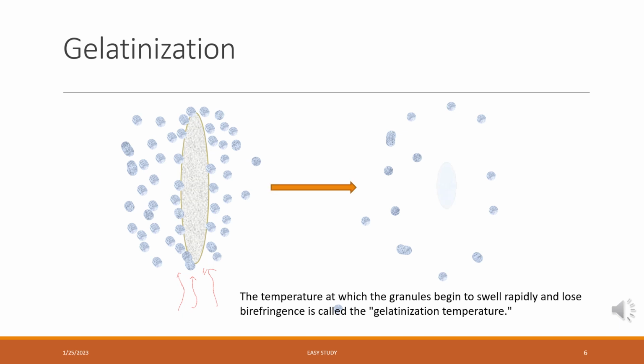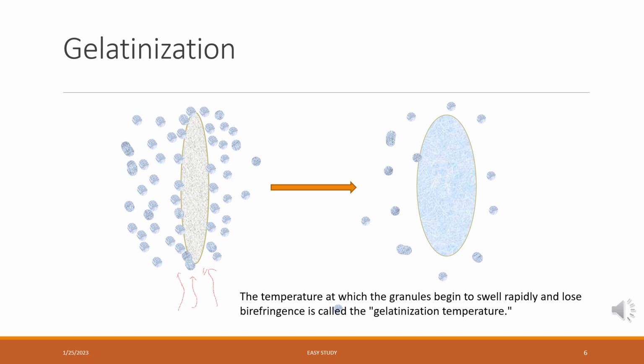The temperature at which the granules begin to swell rapidly and lose their birefringence is called the gelatinization temperature. As the temperature of the starch suspension is increased above the gelatinization range, the grains continue to swell until they are completely gelatinized.